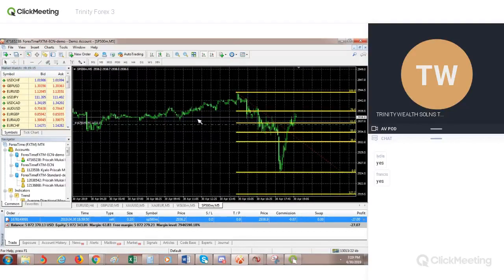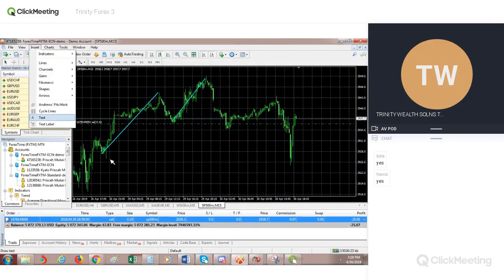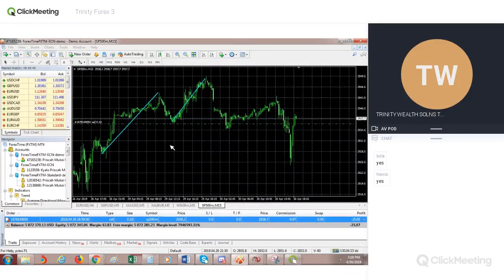Now, as you can see, this is M15 time frame. This market was uptrending, right? You can see we have a swing there. We have another swing there. Another swing there. So we have L1.